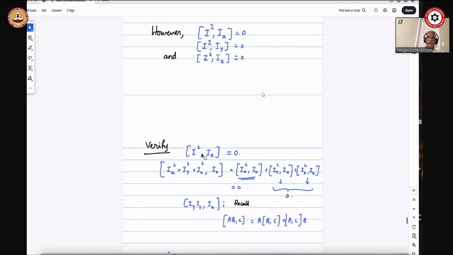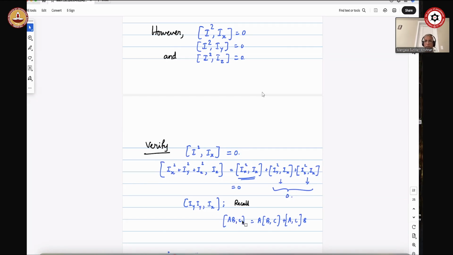You can verify. You can see that the commutator of I squared with Ix is Ix squared plus Iy squared plus Iz squared, comma Ix. So you can write Ix squared comma Ix, which is 0. And you can verify this: Iy squared comma Ix plus Iz squared comma Ix. When you do the commutator, it is 0. How do you do the commutator?